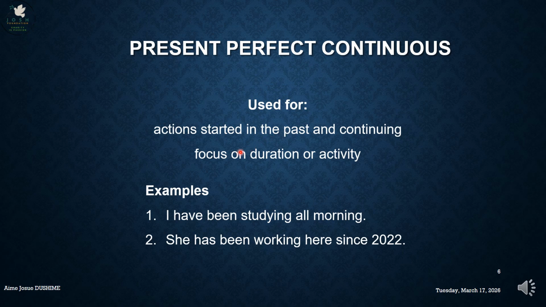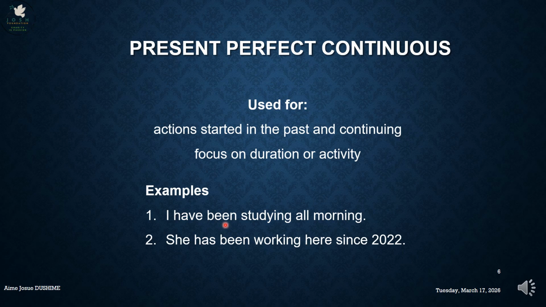And here we are focusing on the time or the activity. But in the previous present perfect simple, we are focusing on results. Understand the difference between the present perfect and the present perfect continuous. The present perfect simple focuses on results, but the present perfect continuous is focusing on the time, the duration of the activity or the duration, the time spent.